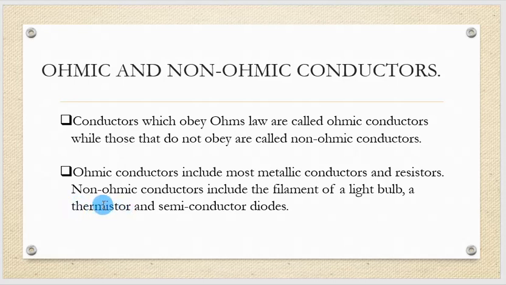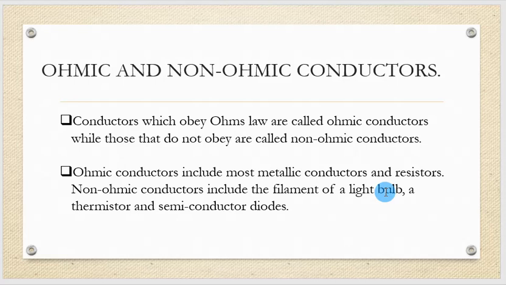So a thermistor, although it's a resistor, is a non-ohmic conductor. Semiconductor diodes also are non-ohmic conductors. The filament of a light bulb is also an example of a non-ohmic conductor. So we must be able to understand what are ohmic conductors and what are non-ohmic conductors.